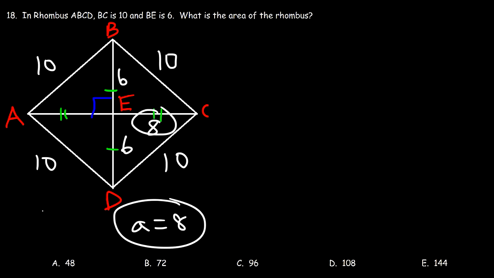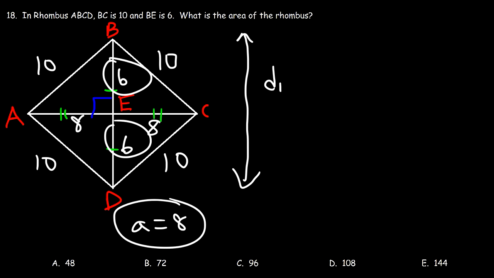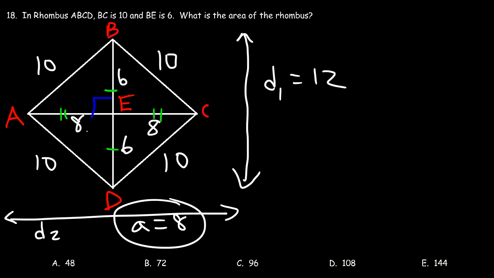So we have EC. EC is 8, which means that AE is also 8. Now the length of the first diagonal, D1, it's going to be 6 plus 6, which is 12. And the length of the second diagonal, D2, is going to be 8 plus 8, which is 16. And so now we can calculate the area of the rhombus.